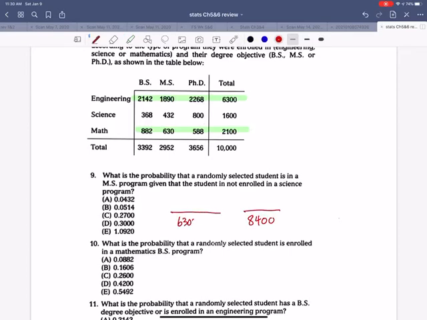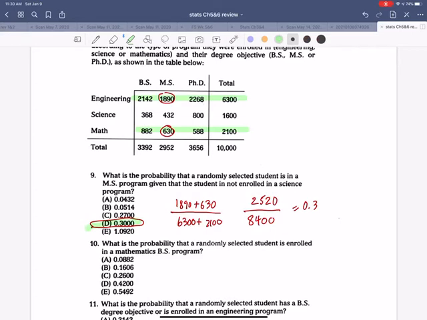I took 6,300 plus 2,100, right? Given that you did not enroll in a science program, what is the probability that the student is in an MS program? So it looks like these are in an MS program, right? So I'm going to go ahead and crunch that. And I get 30%. And that matches D.